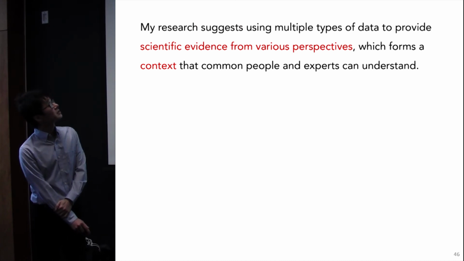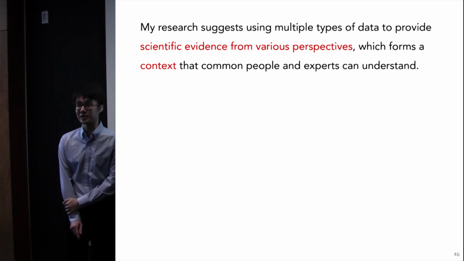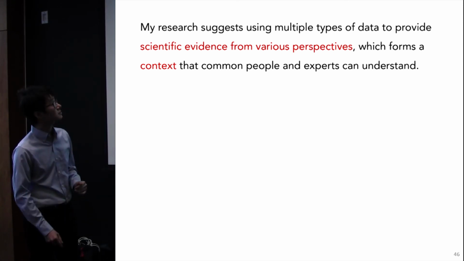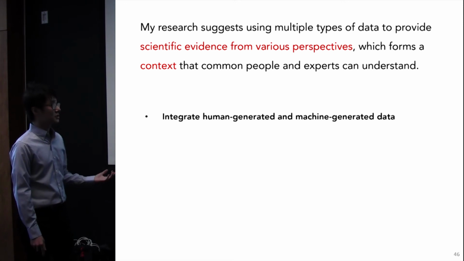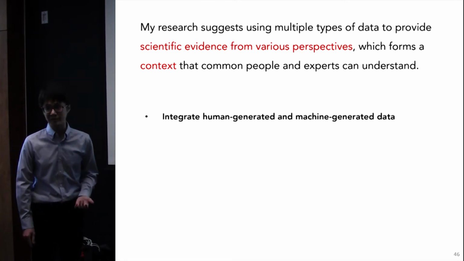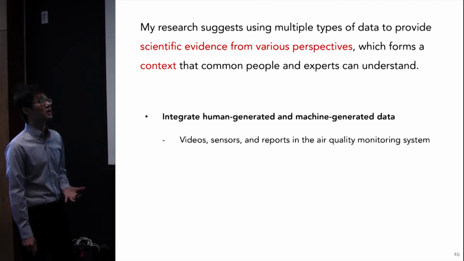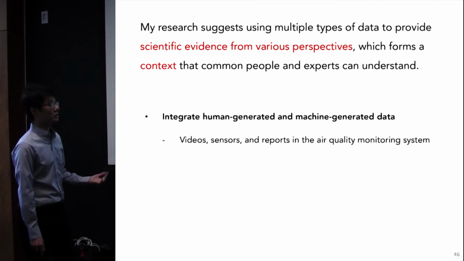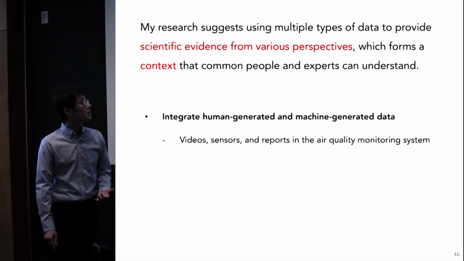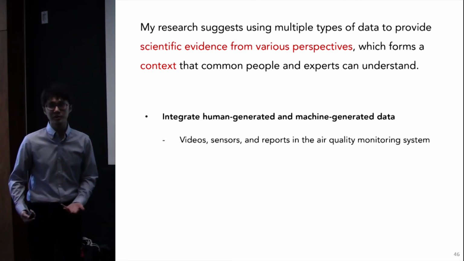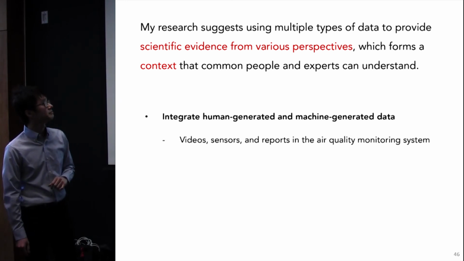The second one is about contextualizing scientific evidence. So it's about forming the context by using evidence from different perspectives. It's important to integrate both types of data, human-generated data and machine-generated data. For example, in the air quality monitoring system, I talk about how I integrate sensors, reports, and videos, so community members can use it to tell stories.